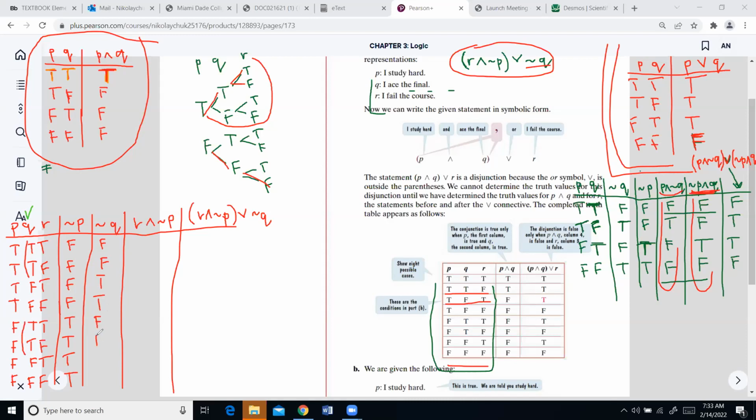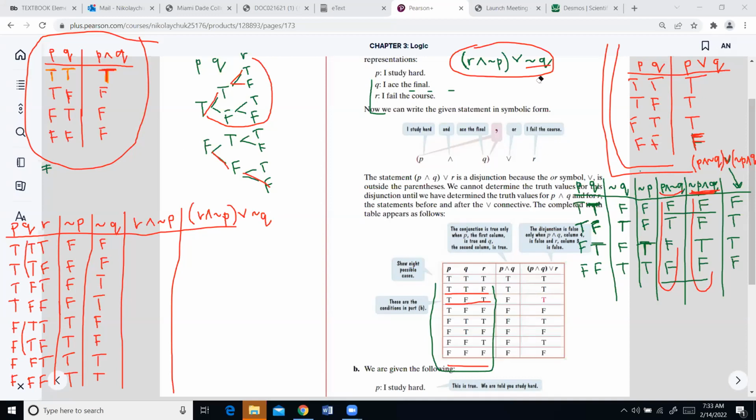And finally, I have 2 F's, so I change them with 2 T's. You can do it one at a time, but the point is you want to make sure that you produce the column that is needed, and of course, that you are looking at the correct places.